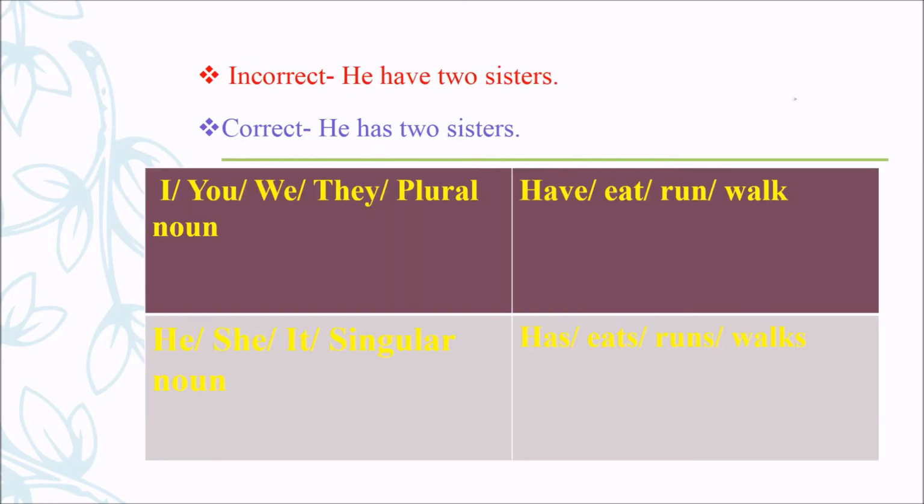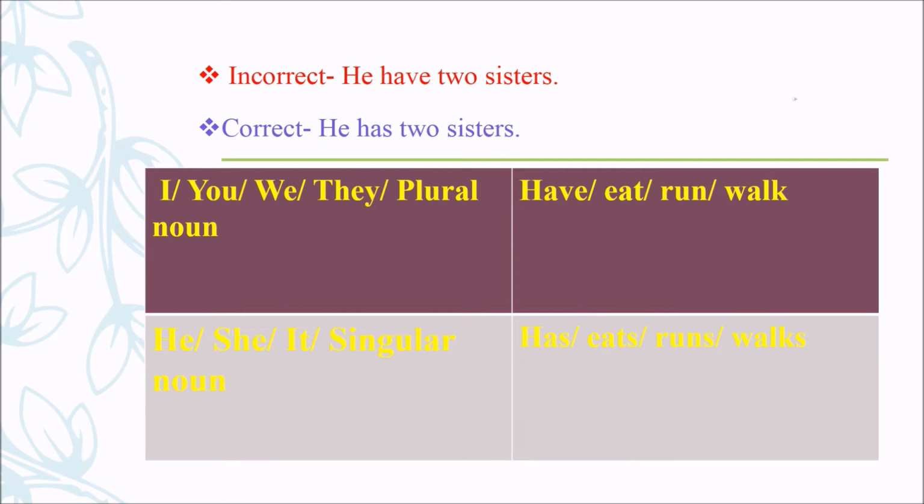Now, look at the first sentence. He have two sisters. Is that correct sentence? No. The correct sentence is he has two sisters. The rule is that if the subject is I, you, we, they, or any other plural noun, then we use the verb in its present tense form and we don't add s to the verb.